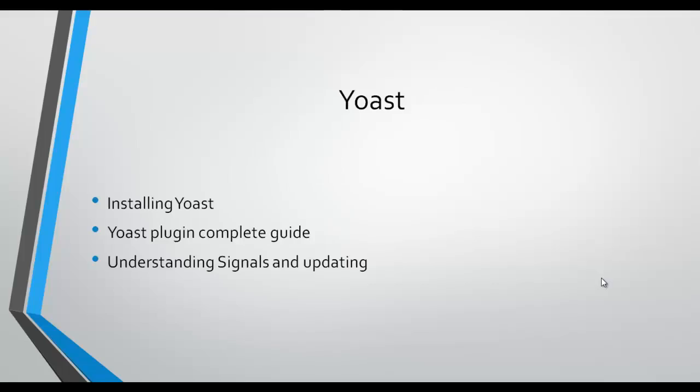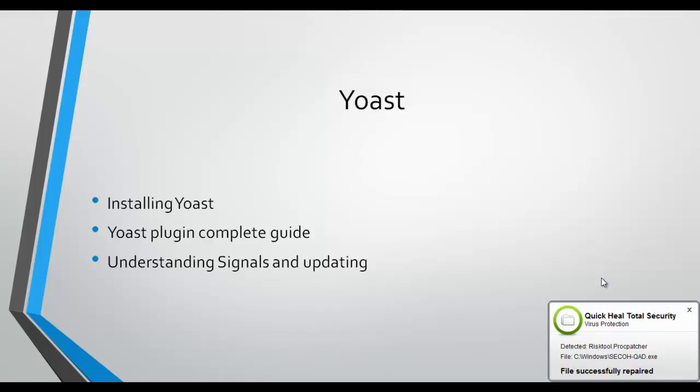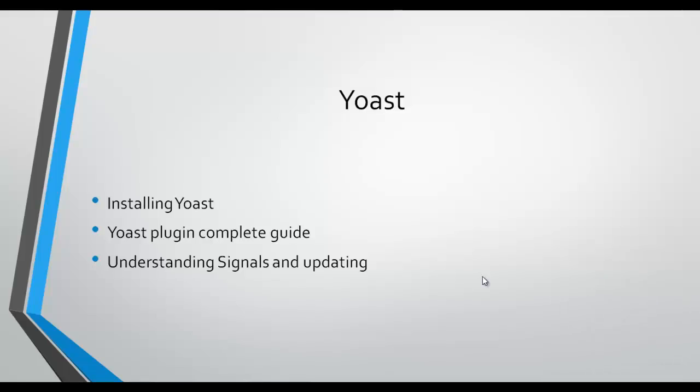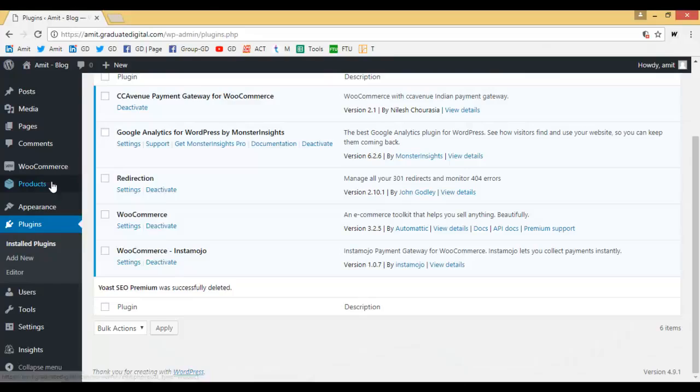The very first thing is that the Yoast plugin helps you do your on-page optimization, specifically setting the keywords and meta descriptions, understanding whether your keyword density is good or not, and whether anything is missing in your content. So let's get started with the website so that we'll understand these things practically.